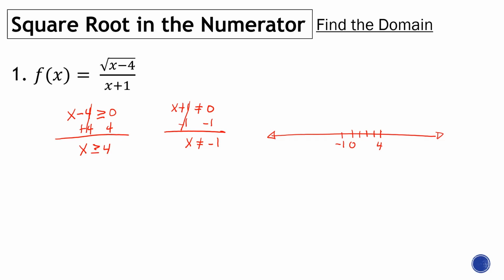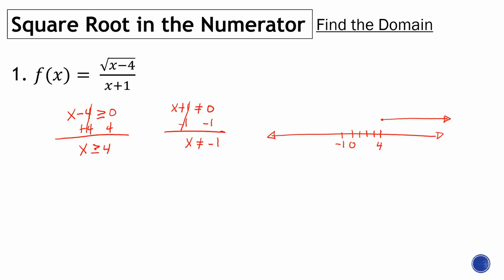Now for the first consideration, x is greater than or equal to positive 4, that means we include that 4 up to positive infinity. Let me just simplify that: positive 4 to positive infinity. So that's the meaning of that.